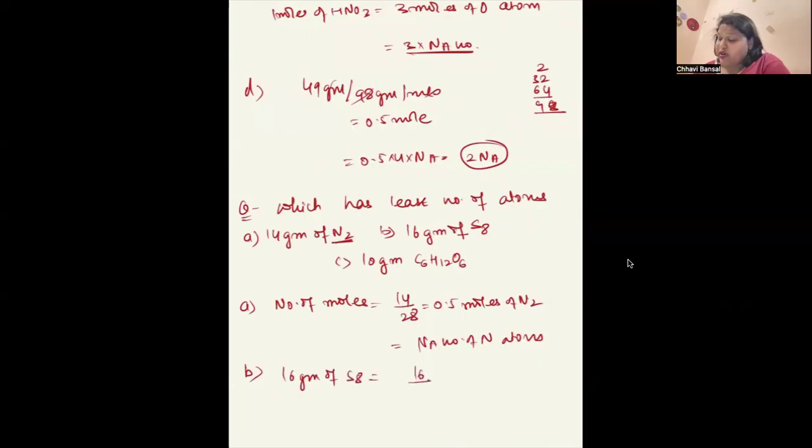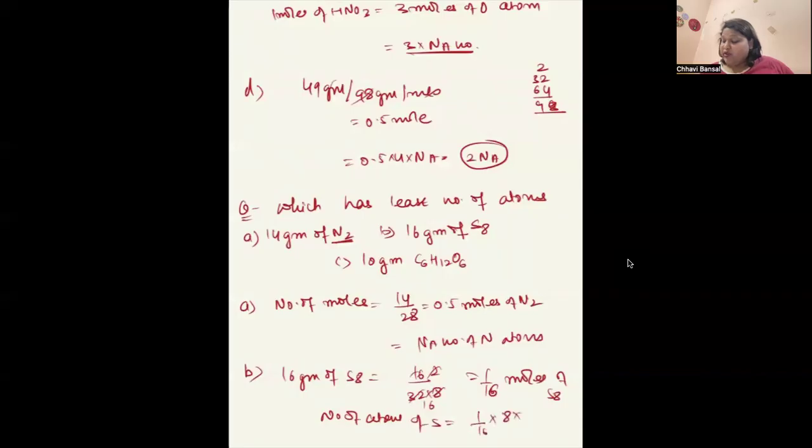So 16 by what is S8? Sulfur is 32 into 8, which is 256. So 1 by 16 moles of S8. So the number of atoms of sulfur will be 1 by 16 into 8 into Avogadro's number, that will give us 0.5 Na. Right?